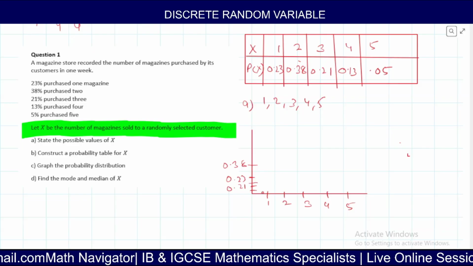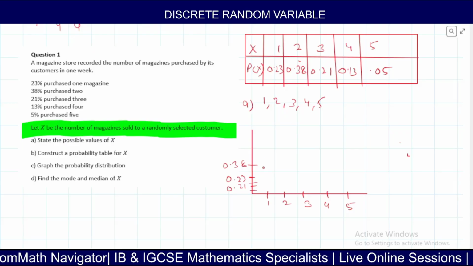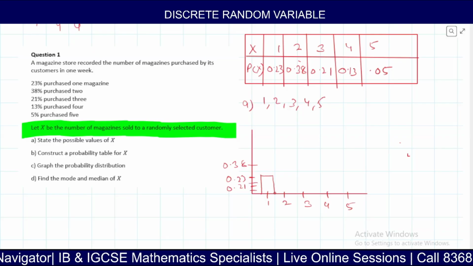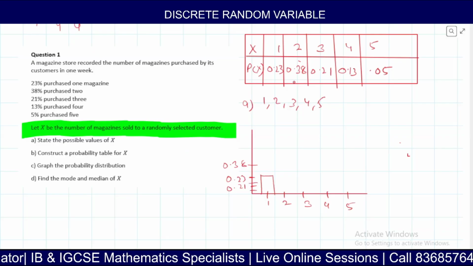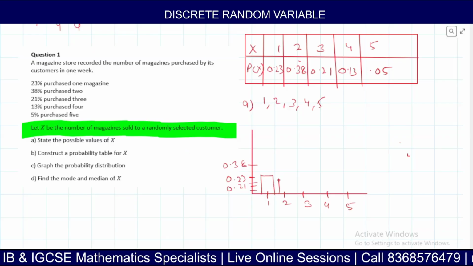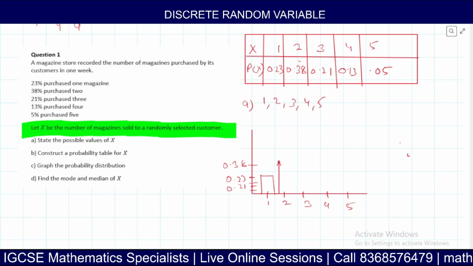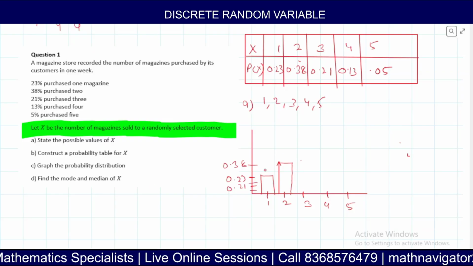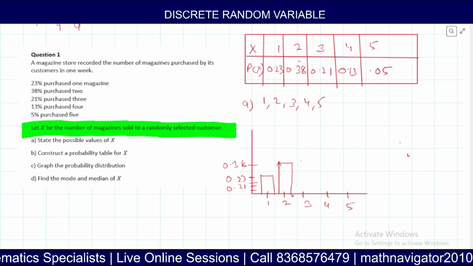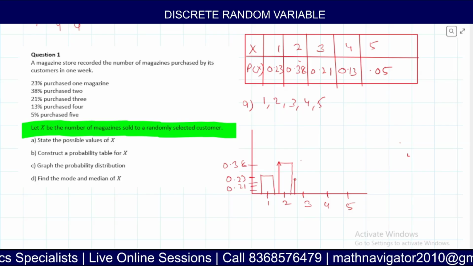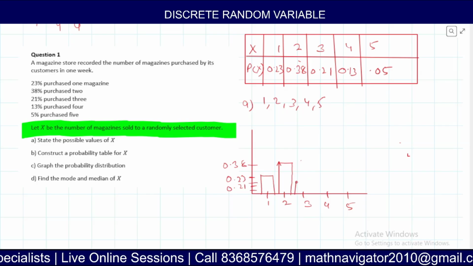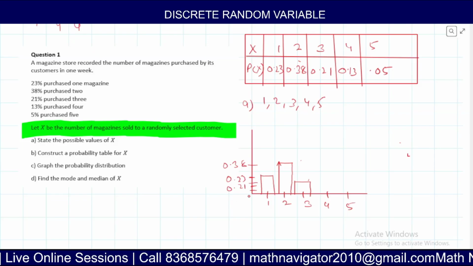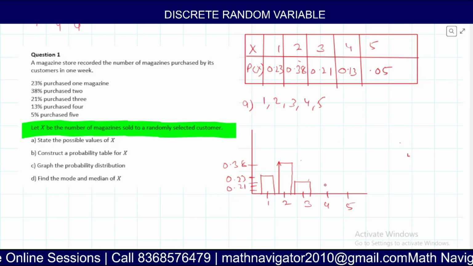So how you'll make it? You'll make a rectangle with 1 at the center. So 0.23. So it will be something like this, right? Then you have 0.38. So it will be something like this. Then 0.21, it will be something like, let's say, this. Then it will be 0.13.